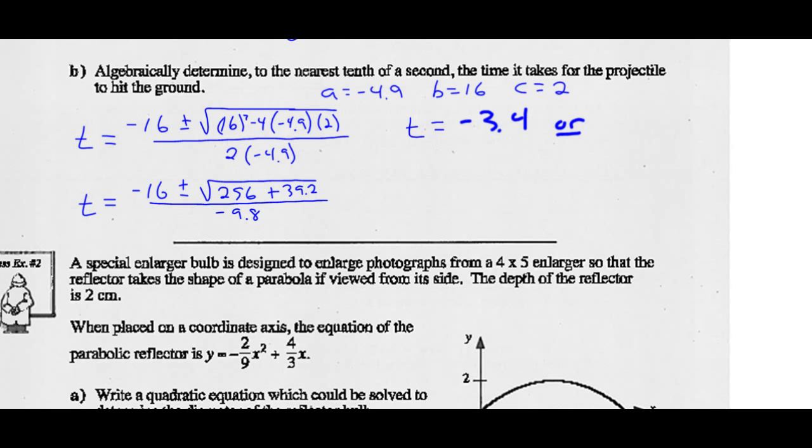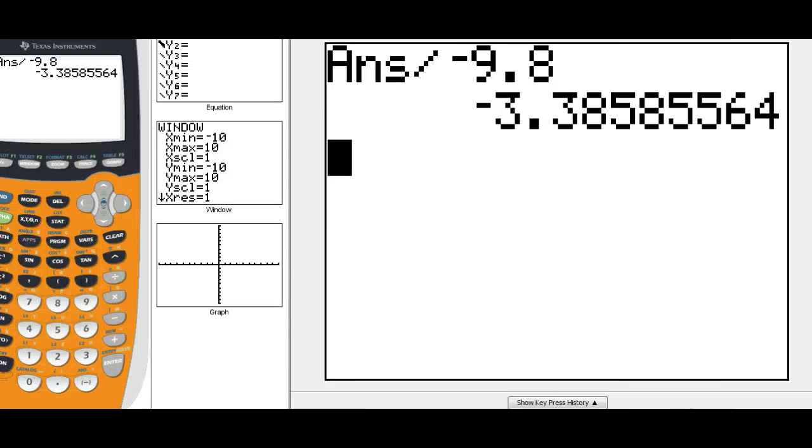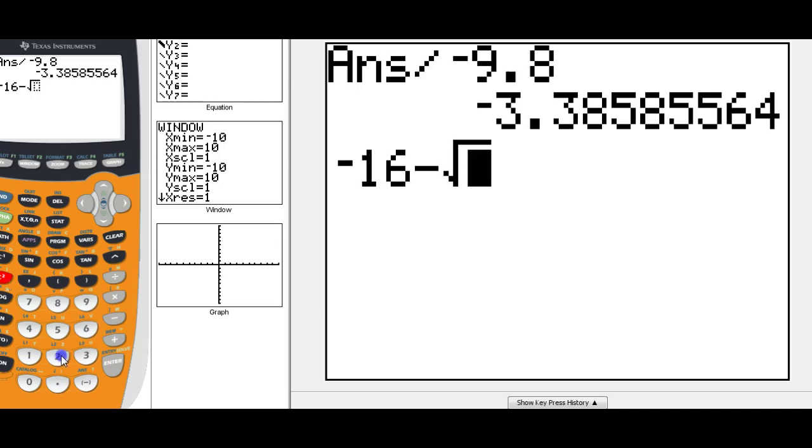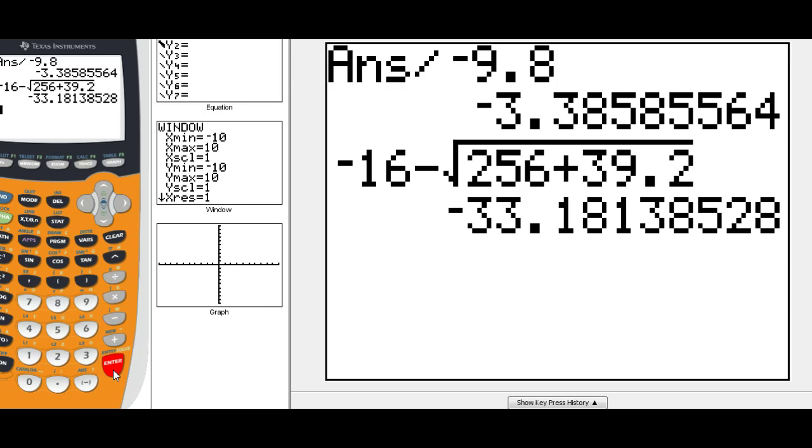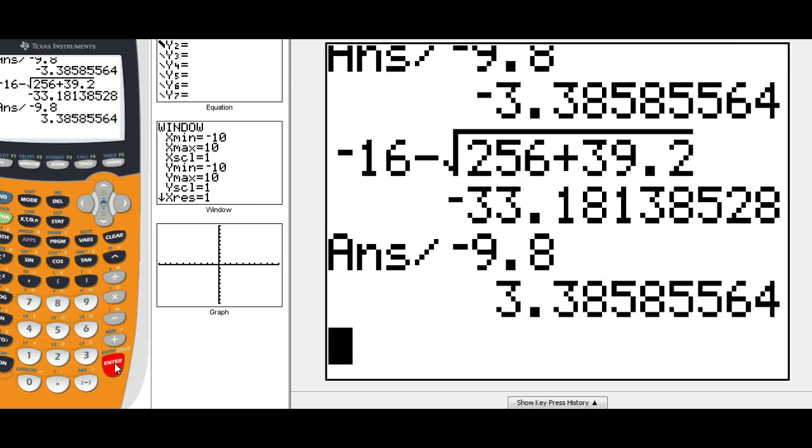Or the other answer, negative 16 minus the square root of 256 plus 39.2, divided by negative 9.8, which is positive 3.4.